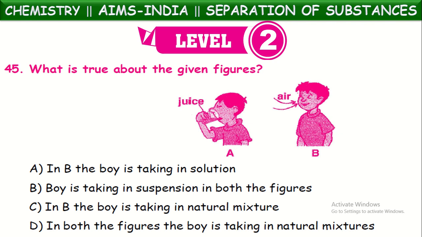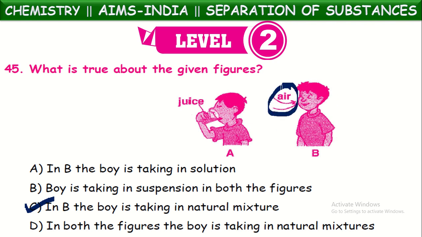Now let us see the options given. In B, the boy is taking solution. Boy is taking suspension in both. In B, the boy is taking in a natural mixture. In both the figures, the boy is taking a natural mixture. Which is correct among these all? See here, in B, the boy is taking a natural mixture, isn't it?